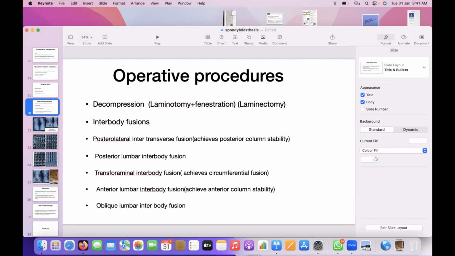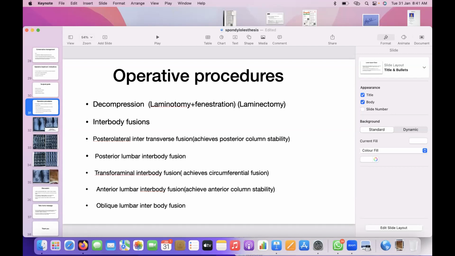That actually gives posterior column fusion through the facets and the pars, all those things getting united. And it also fuses between the transverse processes, which are developmentally part of the anterior column. That is the basis on which these posterolateral fusions were done for years before interbody fusion came in.